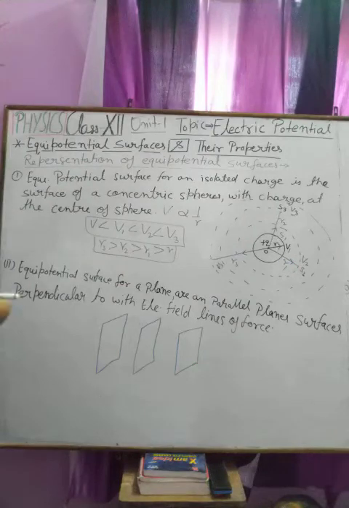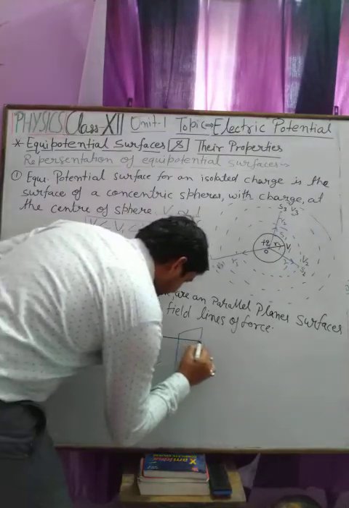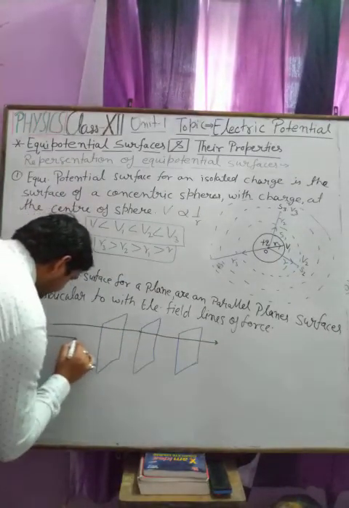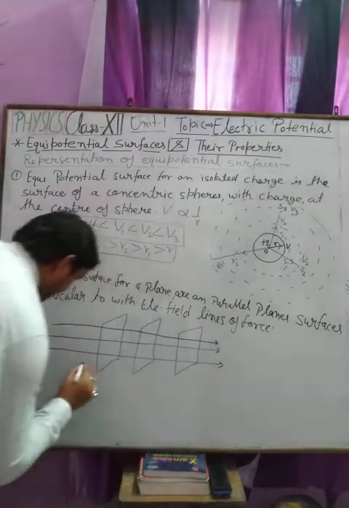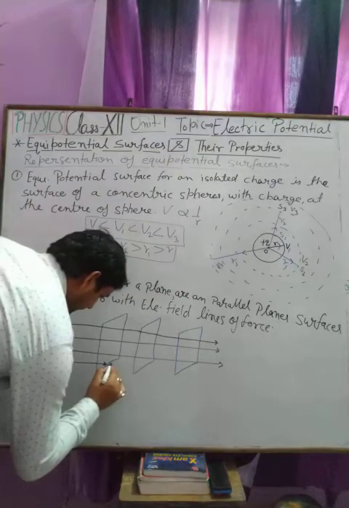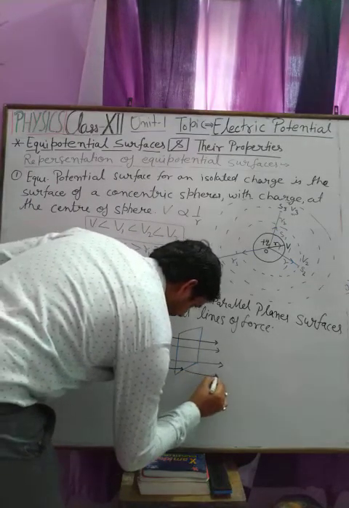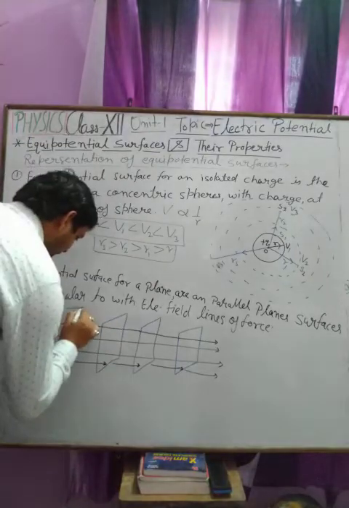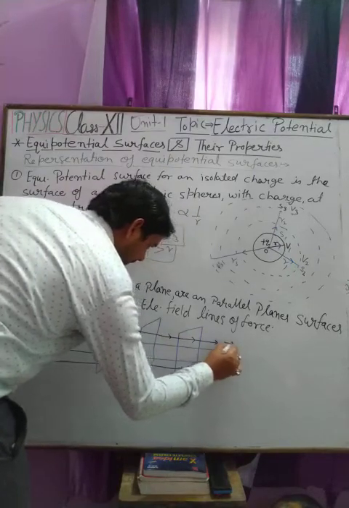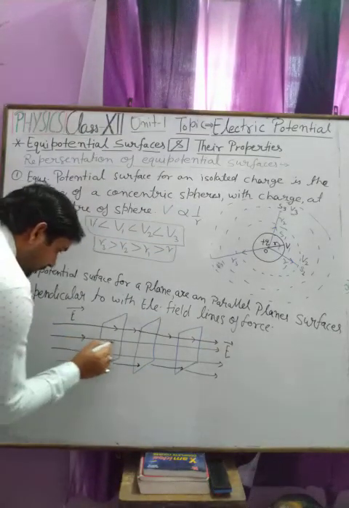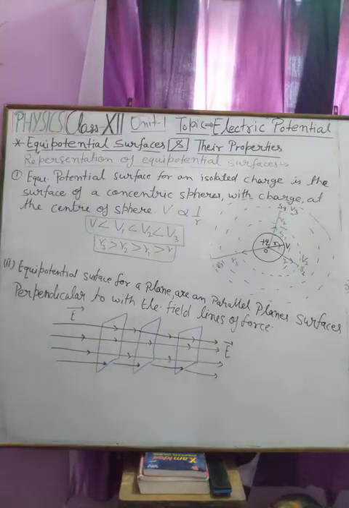These are the plane surfaces which are perpendicular to electric field lines. Okay.